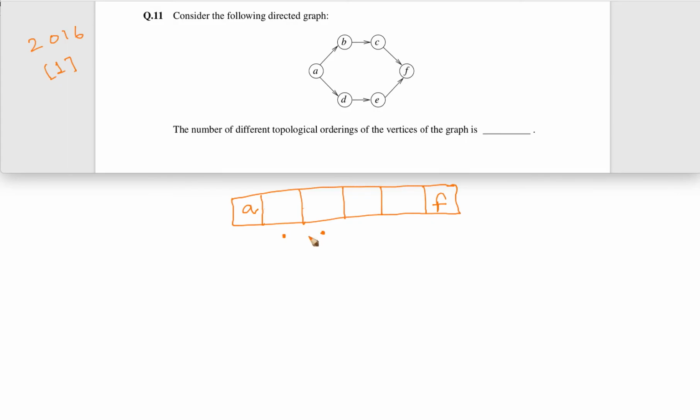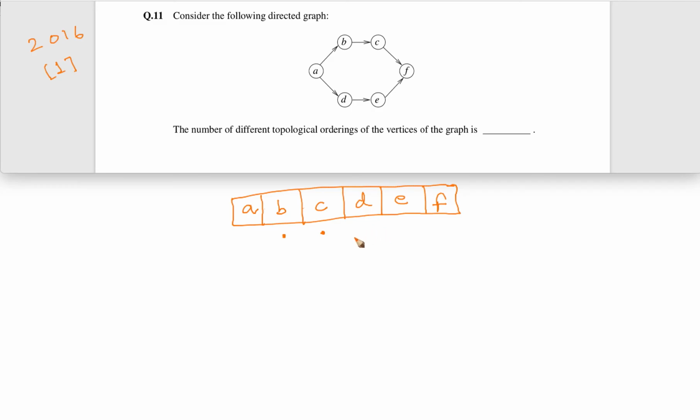Once we choose 2 slots from these 4 slots and put B and C there, there is only one way in which B and C can be put within these 2 slots, because there is an edge from B to C, so B must lie before C. So only one way: B here and C here. Now the remaining 2 slots are there and 2 nodes, and there is only one way to fill them: D must be here, E must be here.